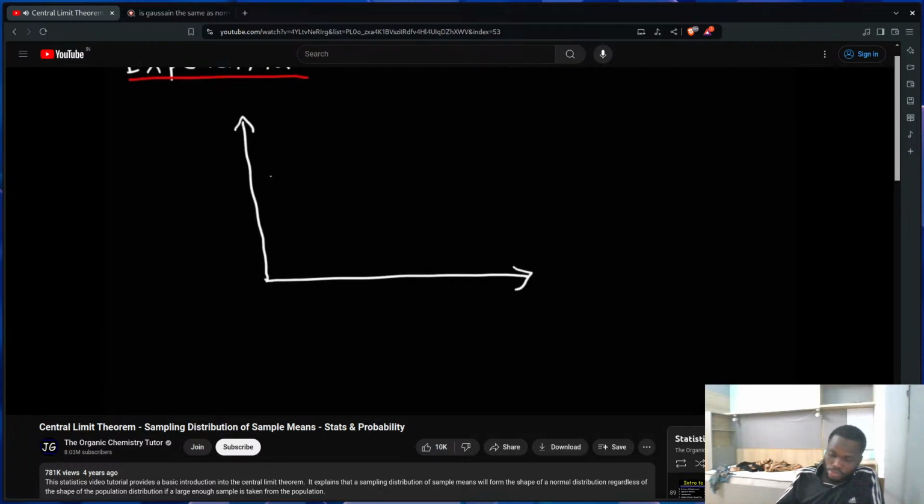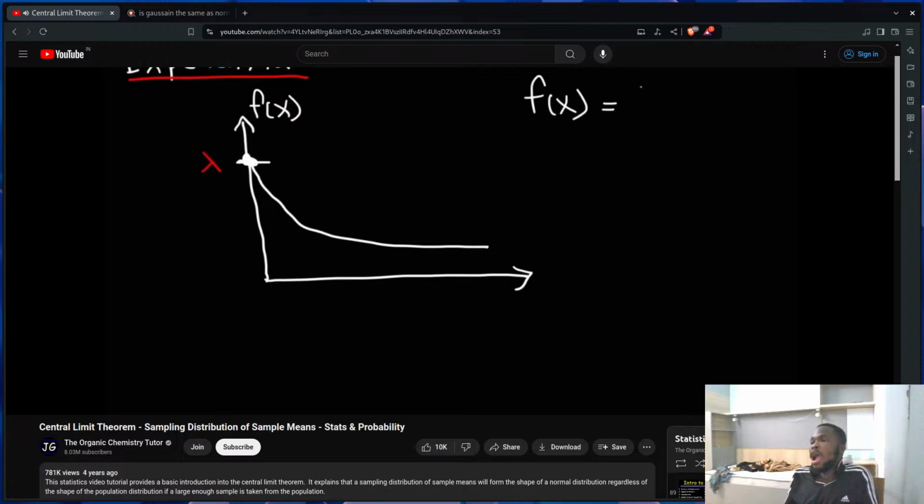Let's spend a few minutes reviewing the formulas associated with this. So the exponential distribution has a graph that starts at the y-intercept. The y-intercept is basically the maximum value on the y-axis. And at that point, that's equal to lambda, which is the rate parameter. The function f of x is the probability density function, and it's equal to lambda e raised to the negative lambda times x. Lambda, the rate parameter, is 1 divided by the mean. And the mean is equal to the standard deviation for an exponential distribution.